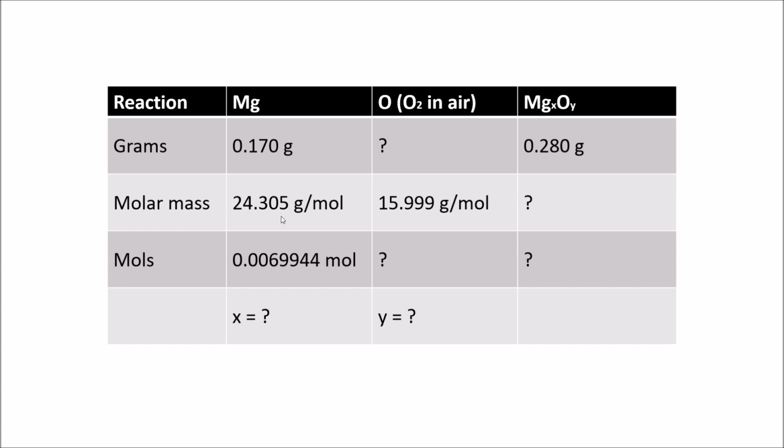And so the question is, how much oxygen did we use? Well, if you think about it, it must have just been 0.11. So if we started off with 0.17, we must have absorbed 0.11 from the air. And so the scale was not reading the oxygen initially.